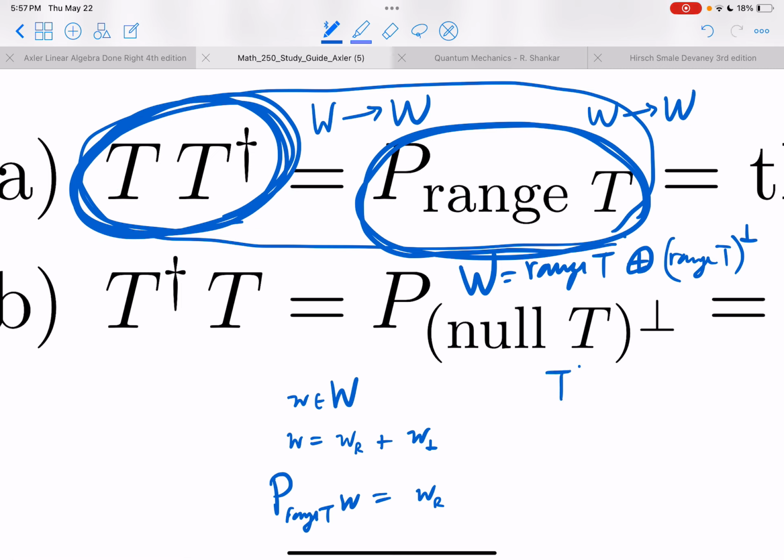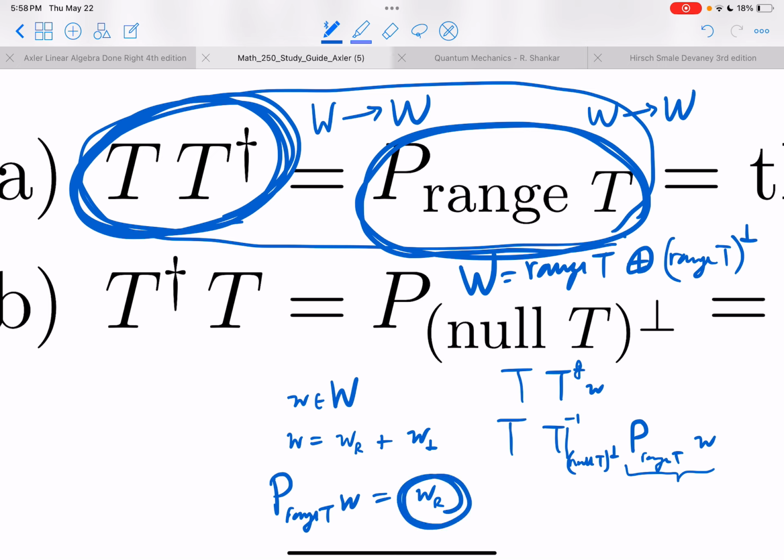Okay, so now t dagger hits w, and what's the definition of t dagger? And then we're going to do t. So t dagger does the t inverse on null of t perp, inverts it where it's possible after projecting onto the range of t, and it does that to w. So to project w on the range, we do the same thing as the projection on the range. We spit out w on the range, and now this piece is the identity, because t and t inverse give you the identity.